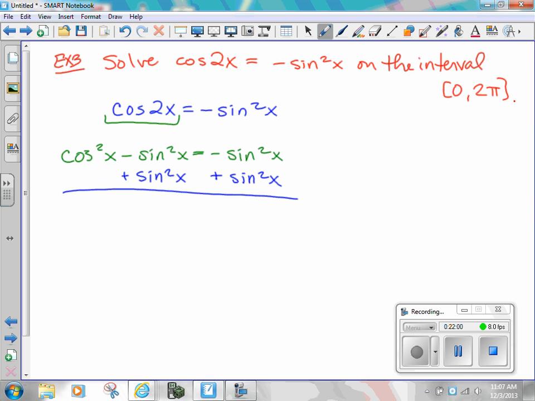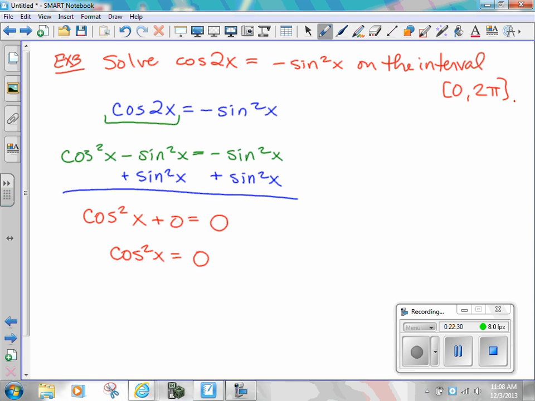Would you look at it? What happened? They cancel out. Why? A minus and a plus, they cancel. I get cosine squared x plus 0 equals 0, right? Do I need that? No. What's cosine squared x plus 0? Cosine squared x, which is equal to 0.